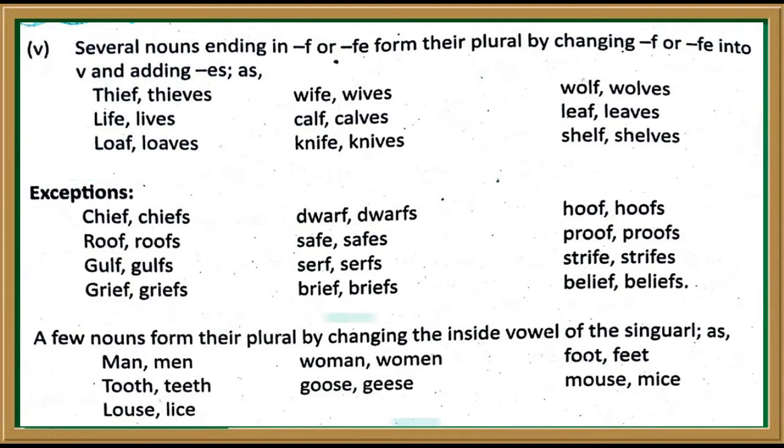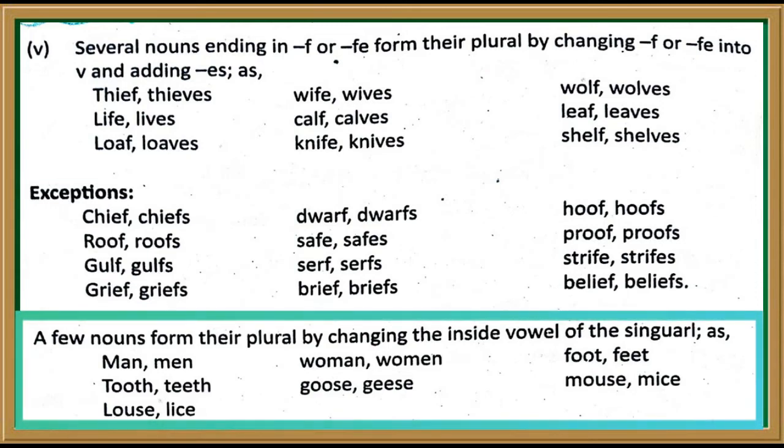Some of the nouns form their plurals by changing the inside vowel of the singular. If we want to make the plural of some nouns, we can't add s or es, so we need to change their internal vowels. For example, man becomes men if we change its internal vowel. Woman, women.